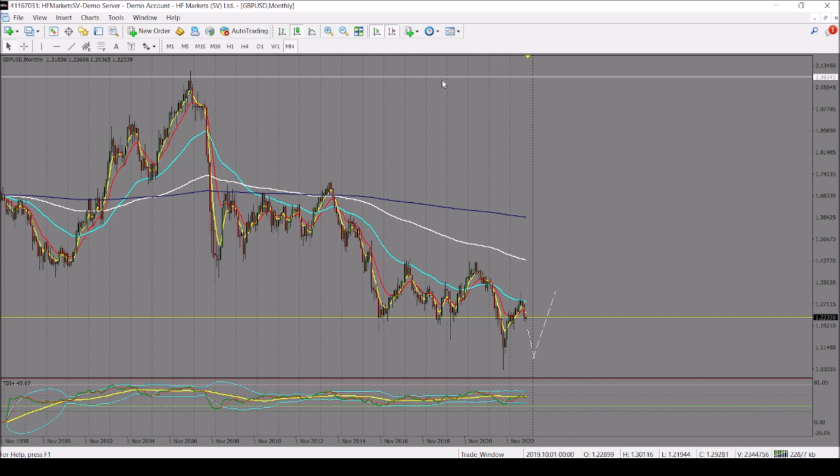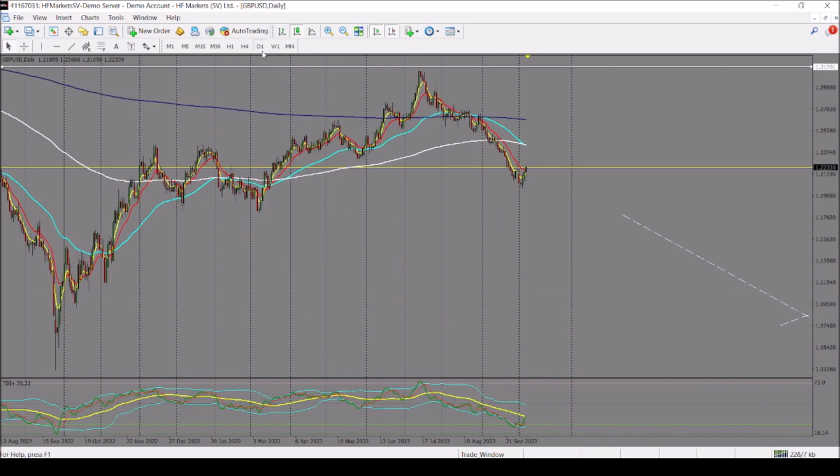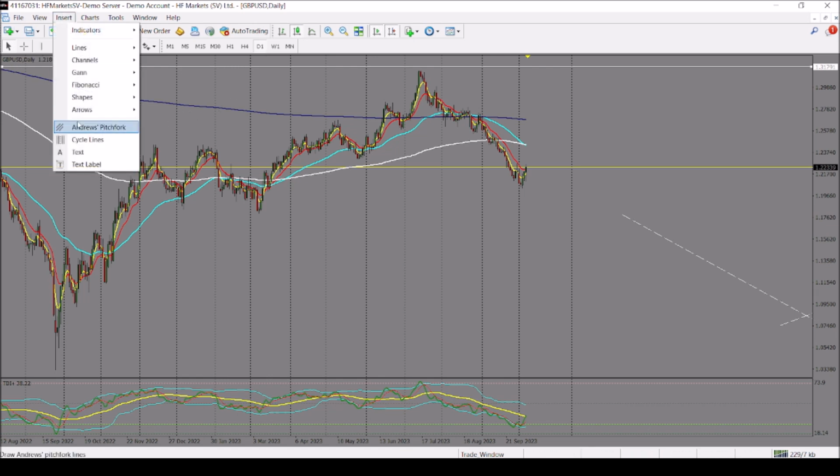So with that in mind, our datum, or our point of reference when we go to the smaller time frames, is this one. So we can go straight away to the daily time frame to see what has been taking place. On the daily time frame, this is how it looks.